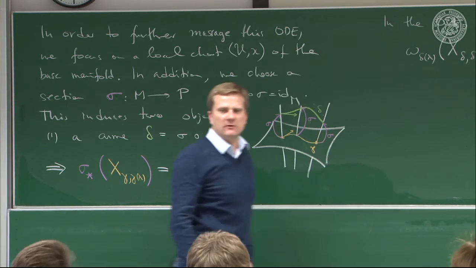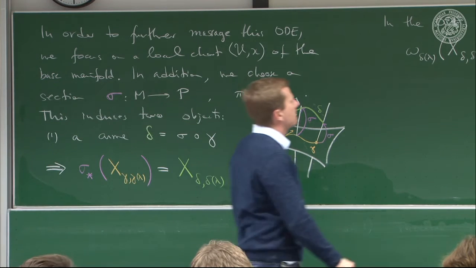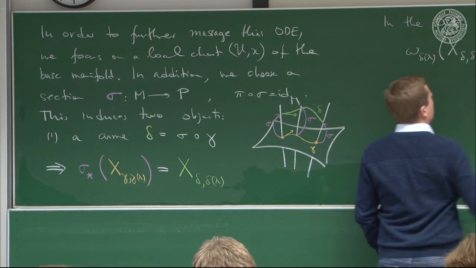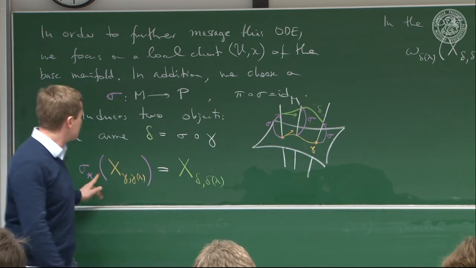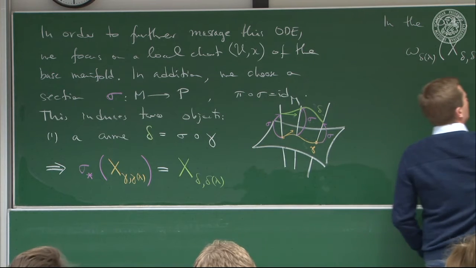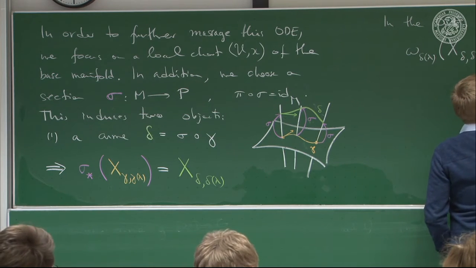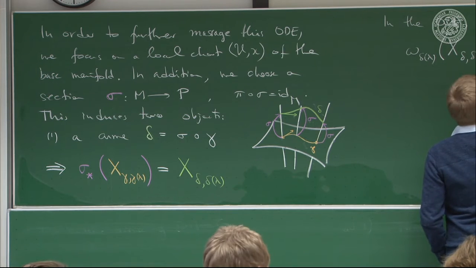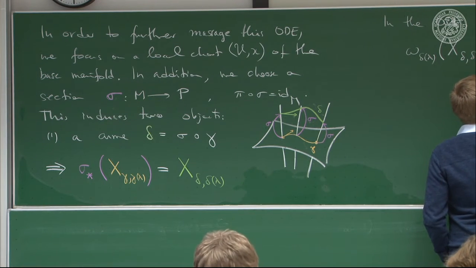You remember that was one of the expressions appearing in the ODE. In the situation we produced now, we can write this x as the push forward under sigma of the tangent vector. So this is omega at delta of lambda, where delta is sigma after gamma.